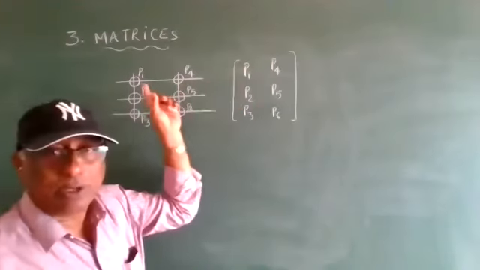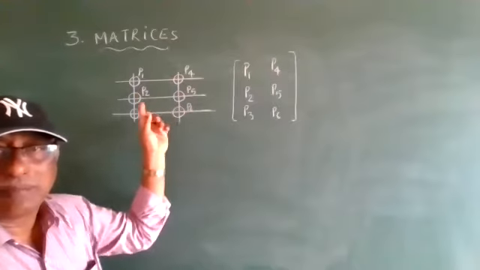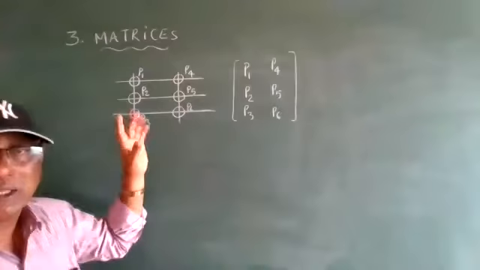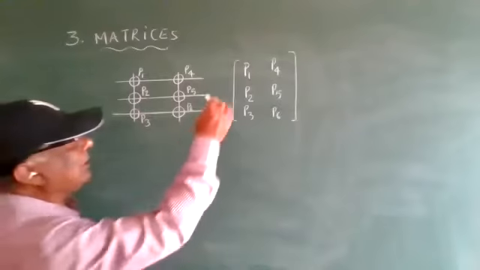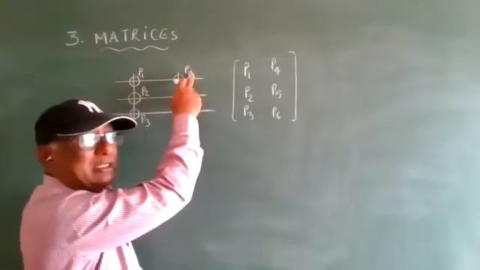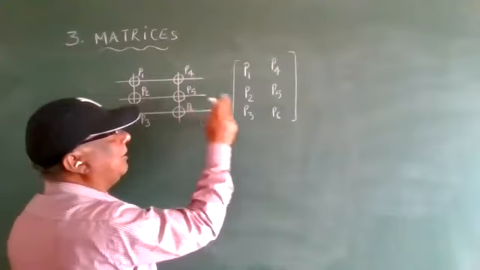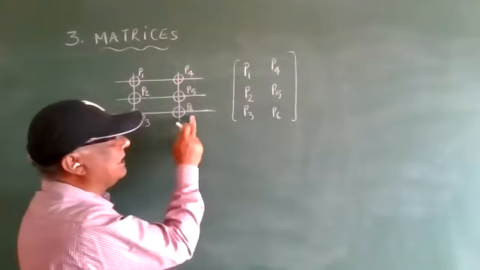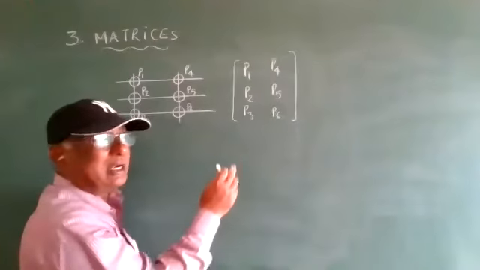So P1, P2, P3 are the points of intersection of the 3 horizontal lines and 2 vertical lines. Therefore, P1, P4 form the first horizontal line, P2, P5 form the second horizontal line, P3, P6 form the third horizontal line.